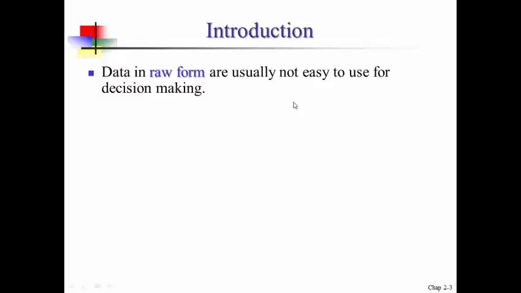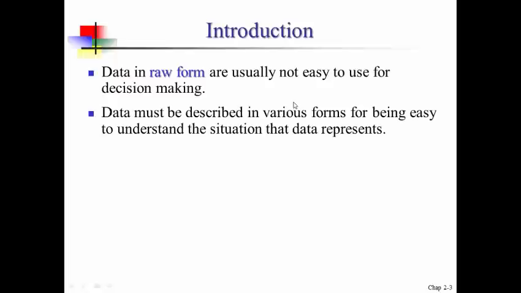Sometimes something is missing, sometimes something is messy. So you need to make it in order, make it clean, make it clear in order to use it. That's why data in raw form is normally not easy to use. So don't use raw form data to make plans or decisions.